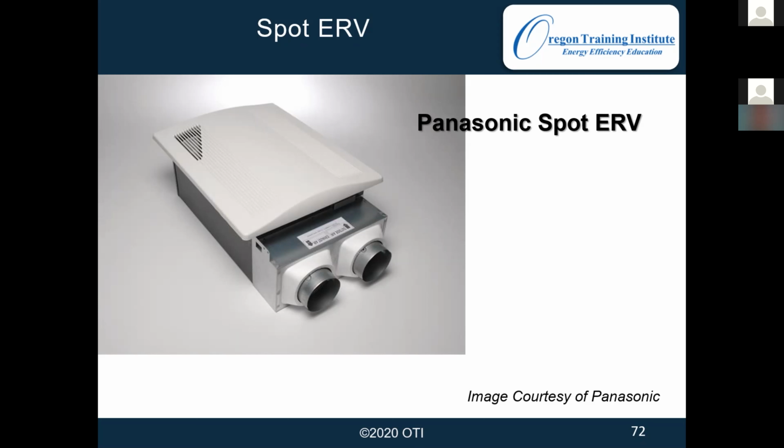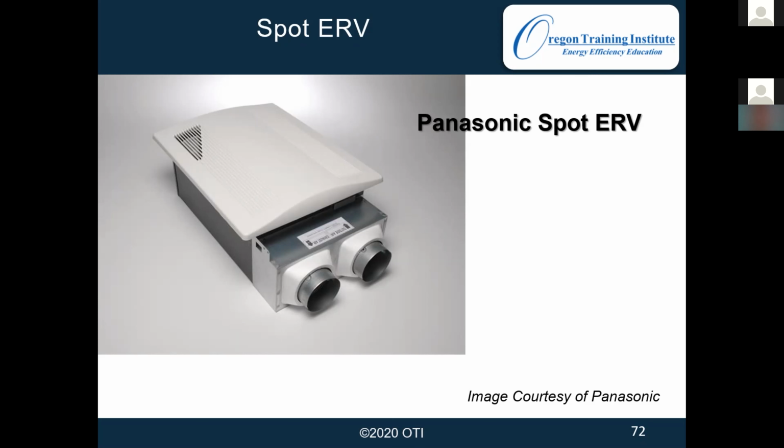So a mini HRV in the bathroom would have to have a condensate line installed and go to a drain, and that's not easily accomplished from up in the attic. But the ERV version doesn't require that, and can be useful depending exactly what our goals are.